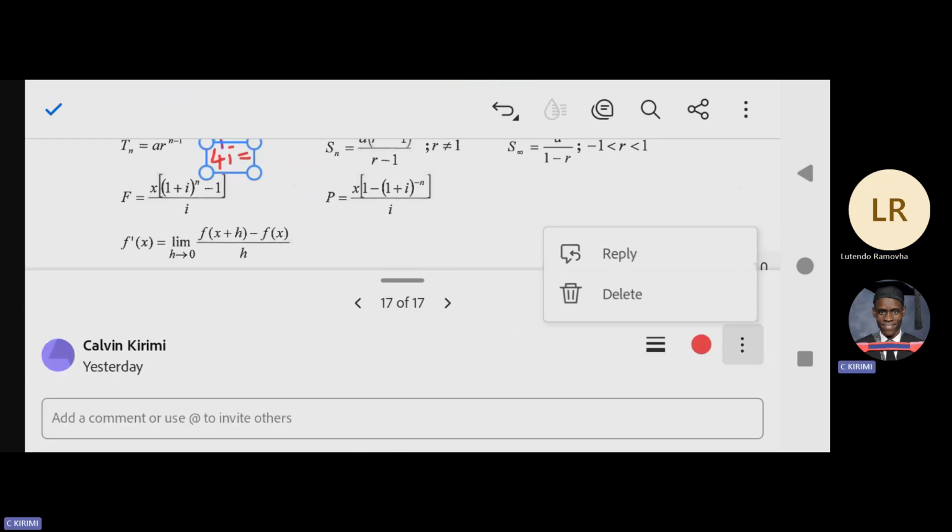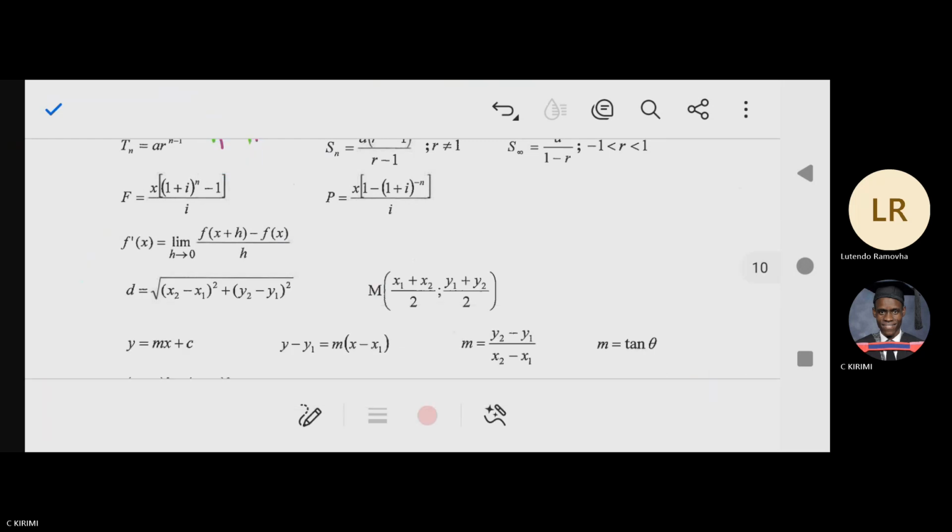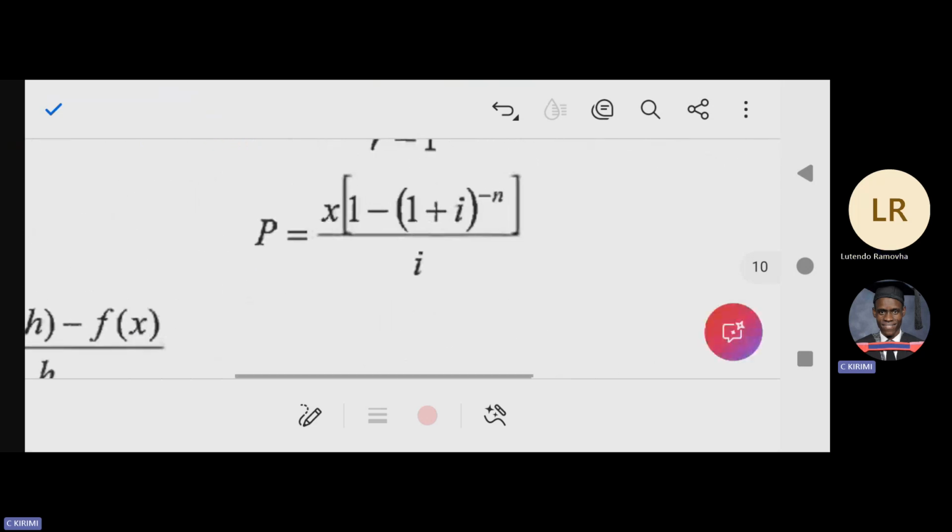So for the first one, this PV is for the present value, which means we are talking about loans. Whenever we are dealing with loans, we normally use this PV, the present value.